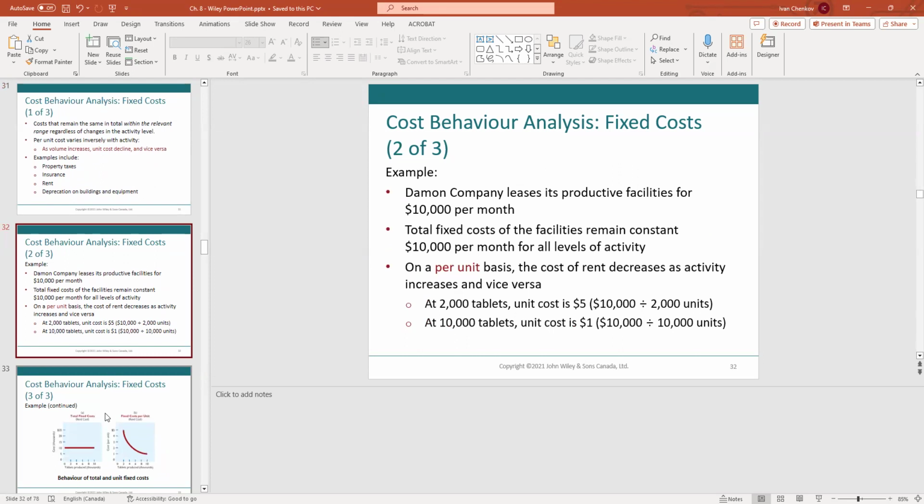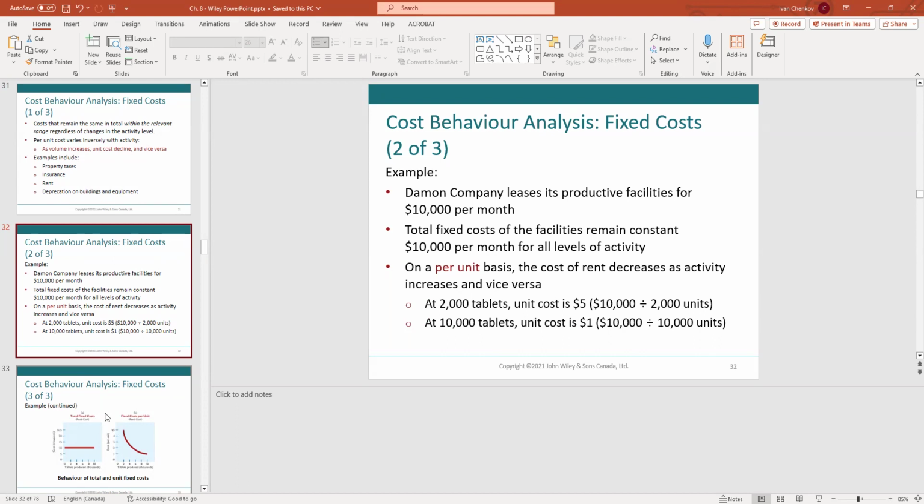So let's see this. This company leases a production facility for $10,000 per month. $10,000 is the total fixed cost. Now, that rent cost, obviously, the more tables we produce, the less cost per table is going to be.